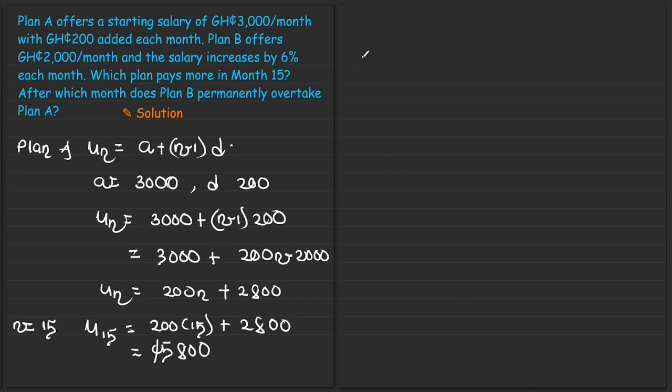Let's then look at plan B. For plan B, which is actually a geometric sequence, we know for a geometric sequence we have Un equal to a times r to the power n minus 1. So in this case, our a is 2,000.